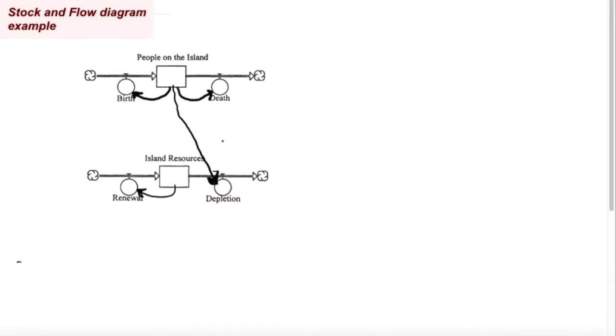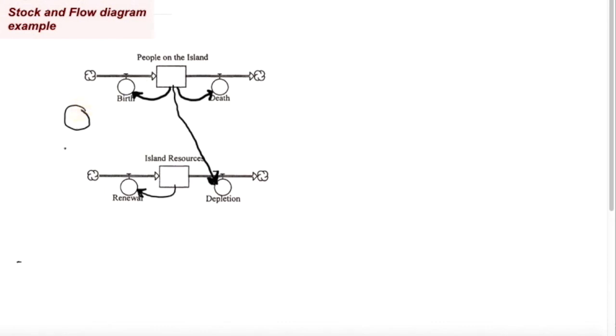All right, but we also have other converters here, because if we have a flow of birth affecting this stock, this will be a constant value. Like it can be 3 new people per day, increasing this flow. But in general, we don't have a fixed flow. What we have is a rate, right?